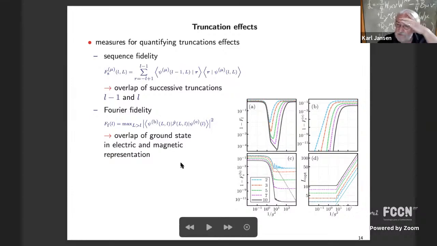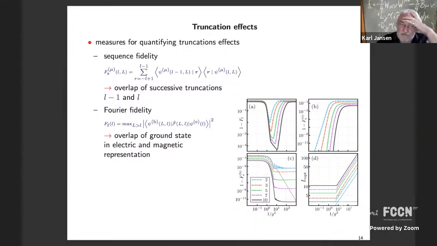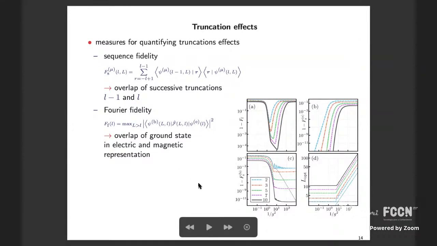That's a good point. So this is not the number of sites, right? This is the truncation. Yeah, sorry. Exactly. Okay. But I'm just wondering why it happens only for even numbers. My answer is I'm wondering too now, because this is exactly your observation that this is only for the even sites, which means that you have an odd number of degrees of freedom, right? Exactly. Since I passed through this problem, that's why I'm asking this question.